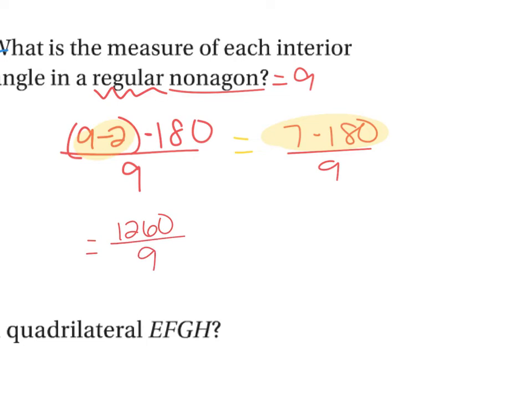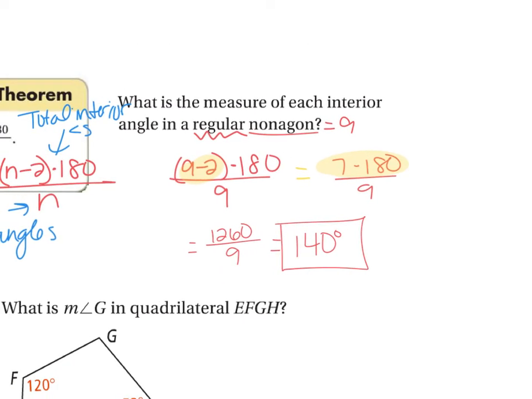And now we're finally ready to divide by 9, so that gives me 140 degrees. Okay, so that is your answer. Each interior angle, the inside angles of a nonagon, is 140 degrees. Pretty cool.